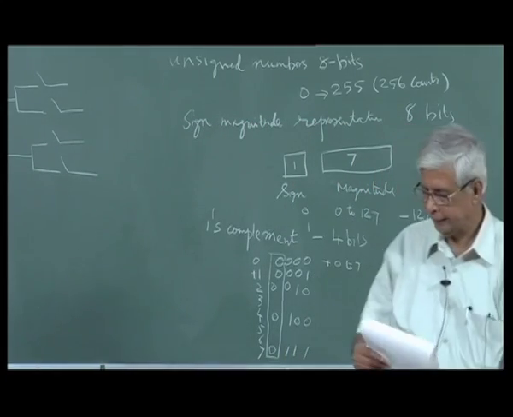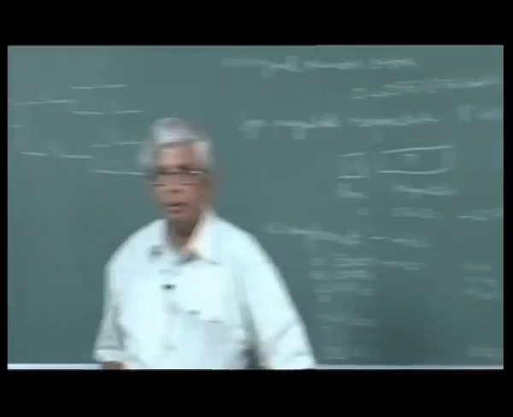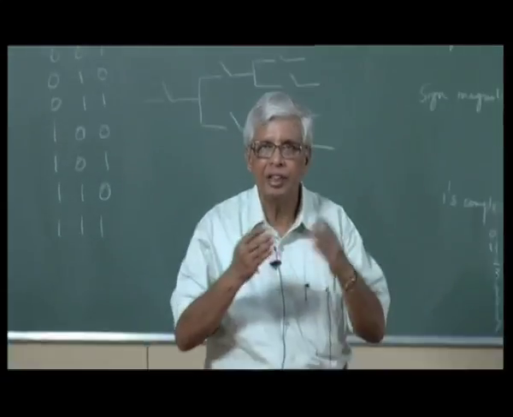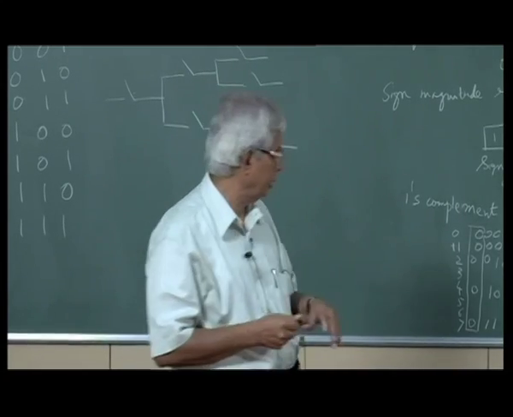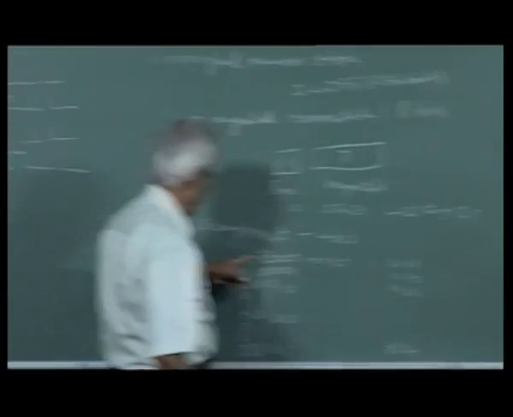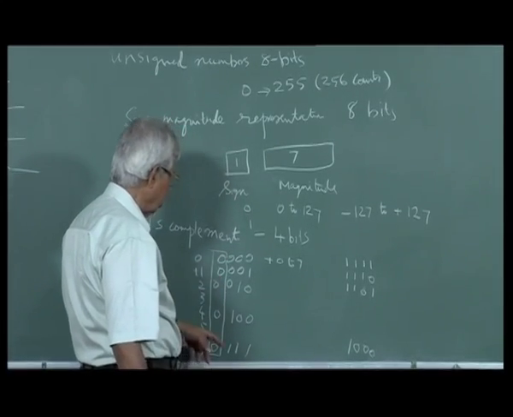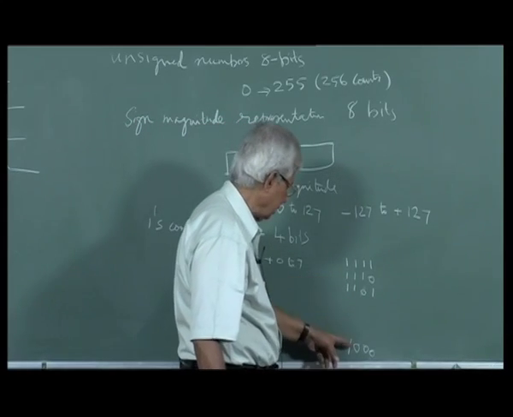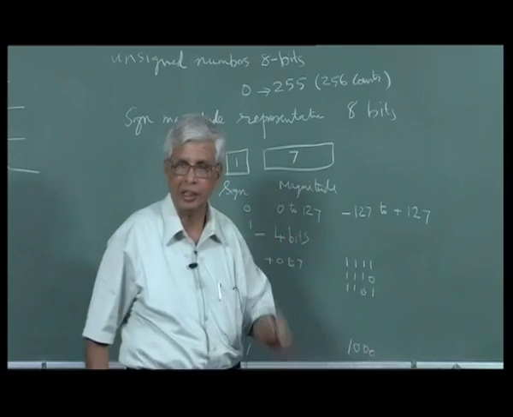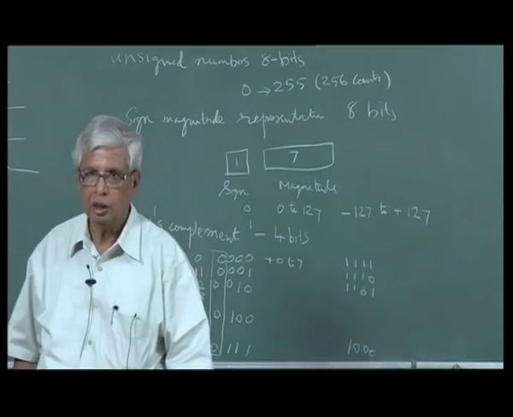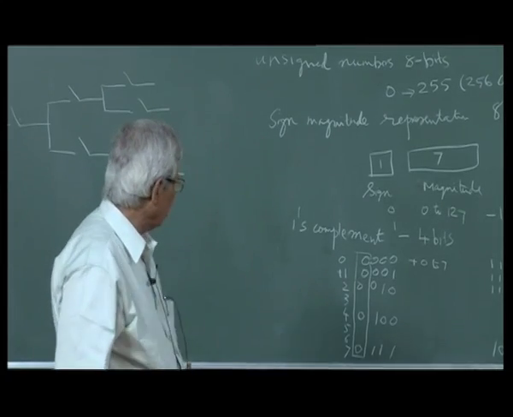Again, when there are 4 bits, I should be able to represent 16 numbers, whereas I can only do 0 to 7 and 0 to minus 7, so 0 is saved, 7 and minus 7, there are only 15 representations in addition to 0, not 16 as we can do in 4 bits. So all we have to do is to invert each bit.